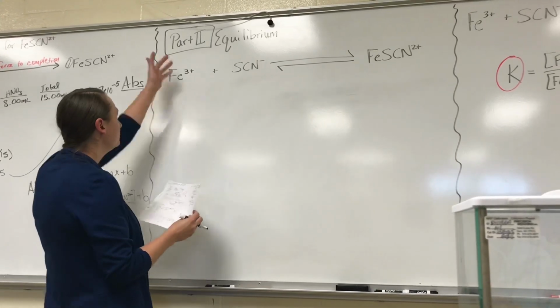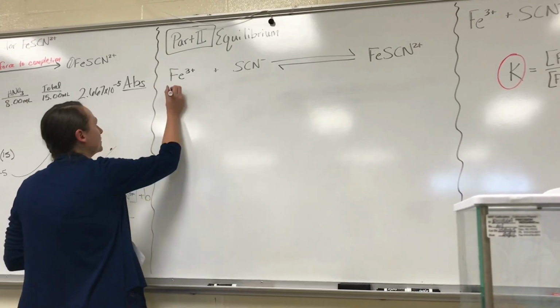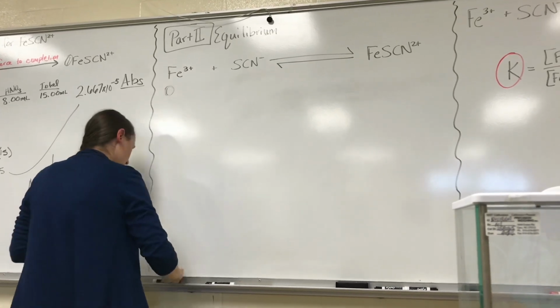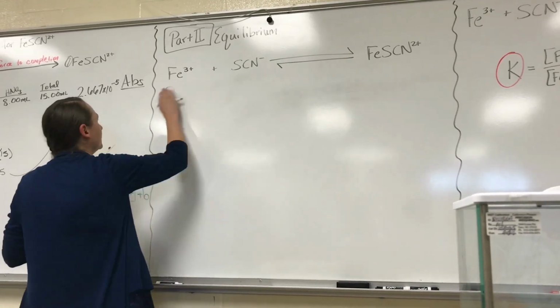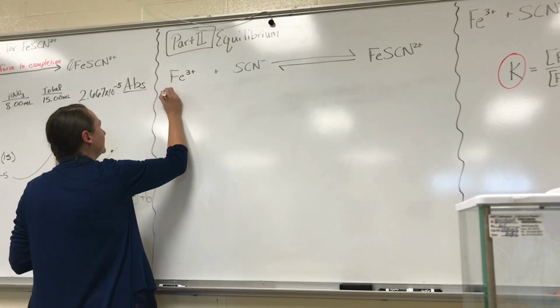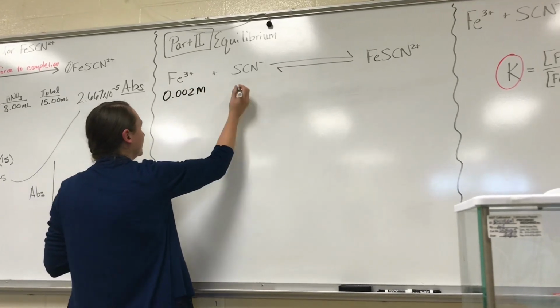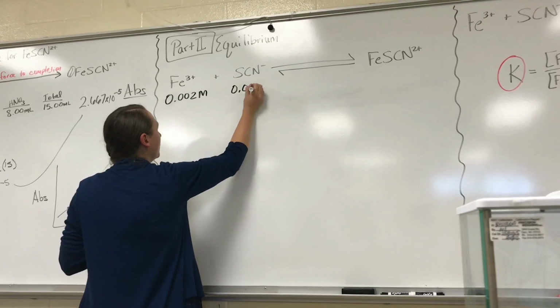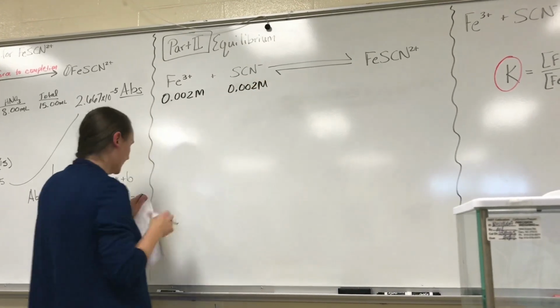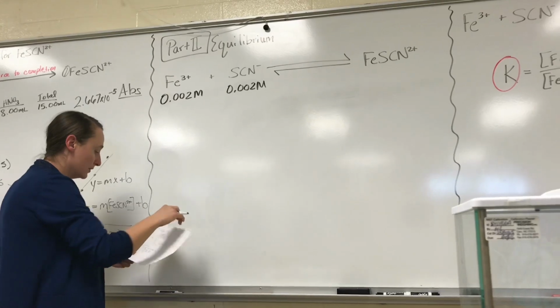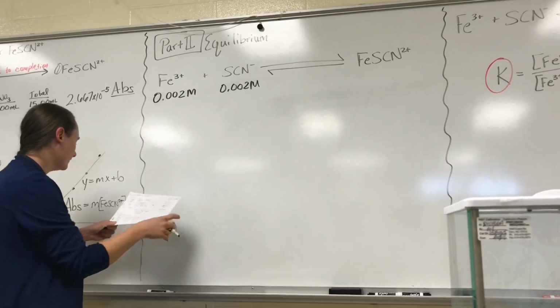All right, so in part 2, we're going to run the reaction in such a way that it goes to equilibrium. So, the concentrations are different. We're going to start with 0.002 molar of the iron and 0.002 molar of the thiocyanate. So now there will not be an excess.